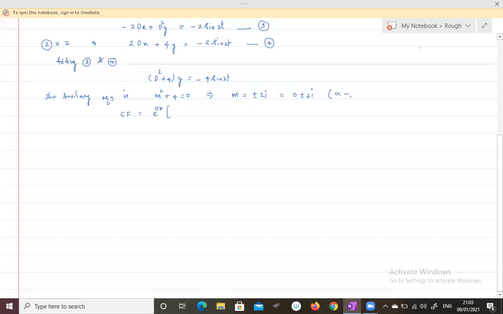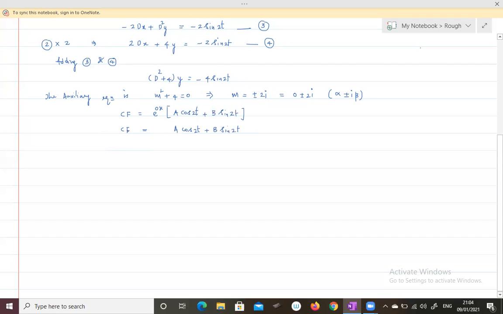So alpha is here 0, beta is 2. So the complementary function is a cos 2t plus b sin 2t, where a and b are constants. This is the complementary function.